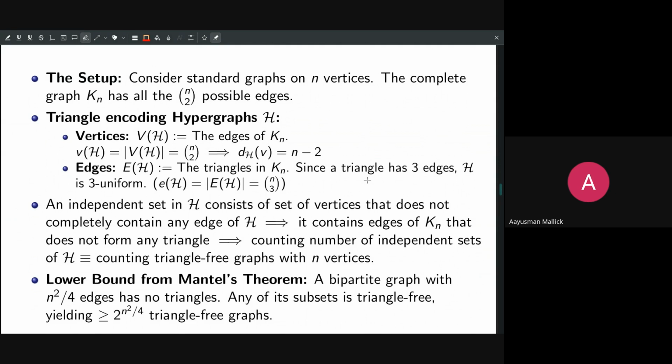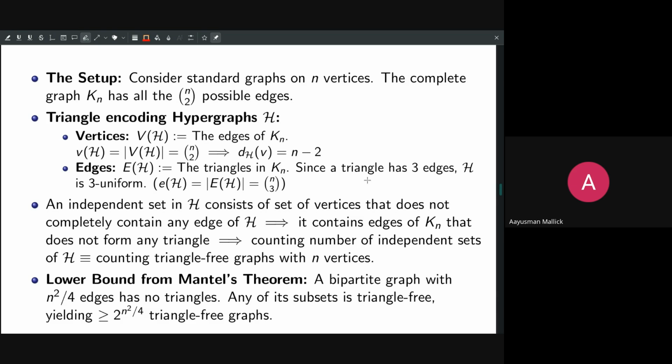All possible graphs which we can consider on n vertices, or to be more precise, all possible sets of edges on n vertices, form a subset of all n choose 2 possible edges.